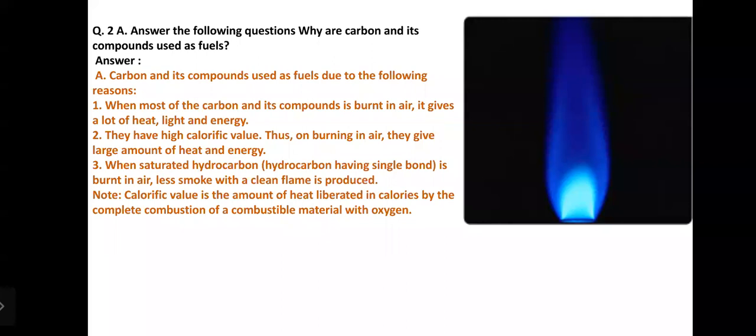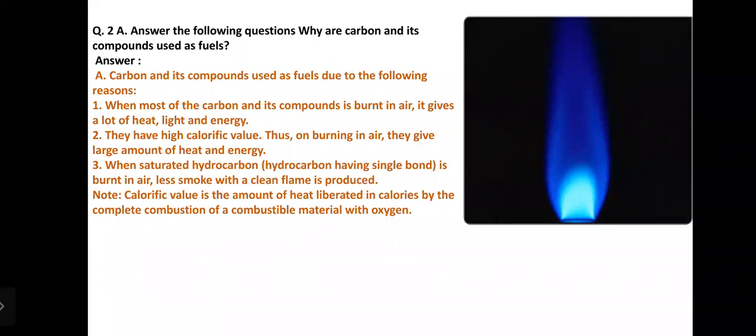Third reason: when a saturated hydrocarbon, that is, a hydrocarbon having single bonds, is burned in air, less smoke and a clean flame is produced. The flame, like the one given beside, is a blue flame. It is considered a clean flame because it does not produce smoke.